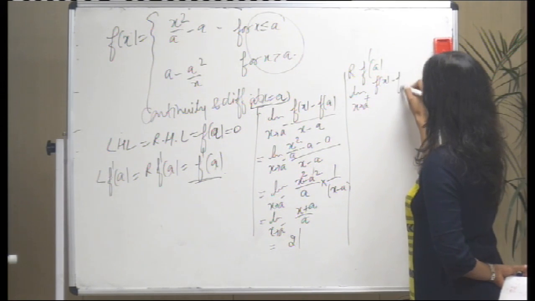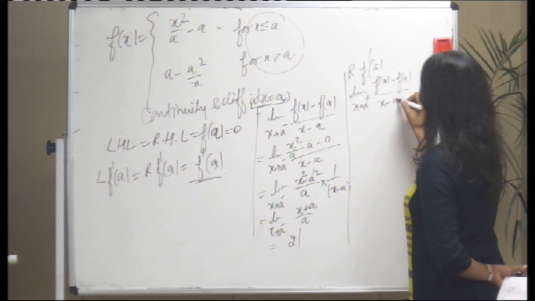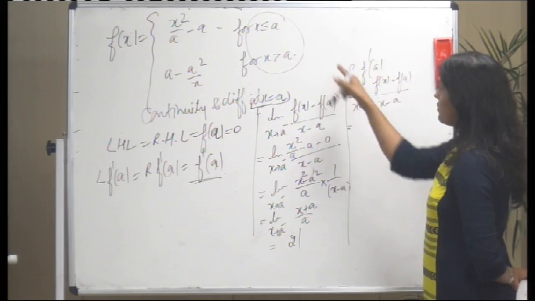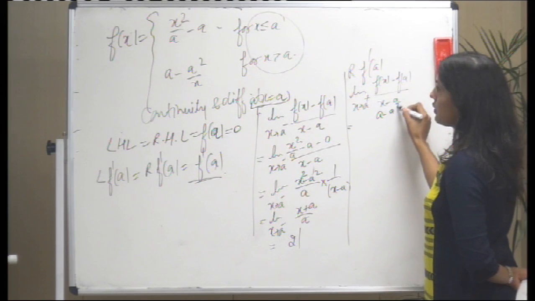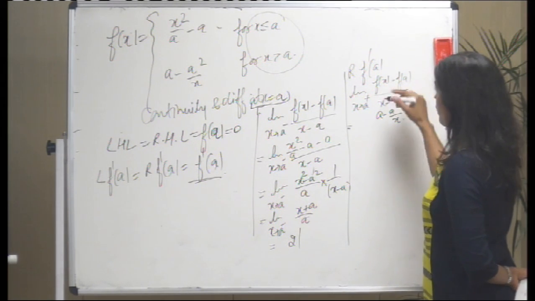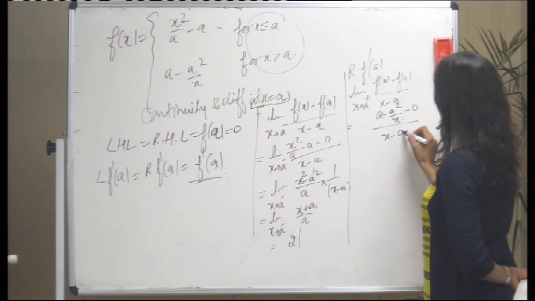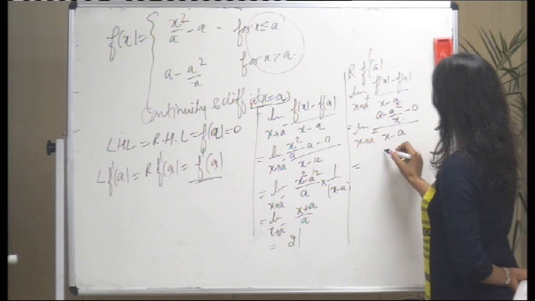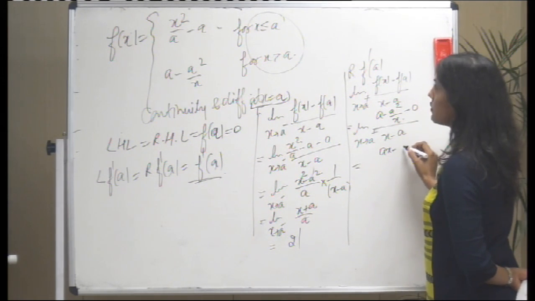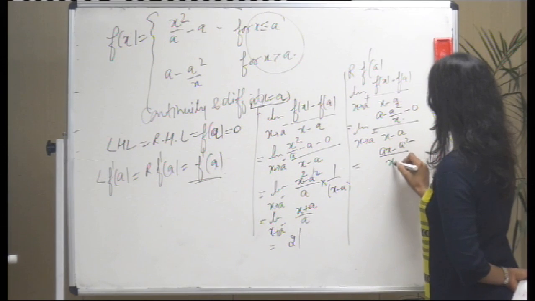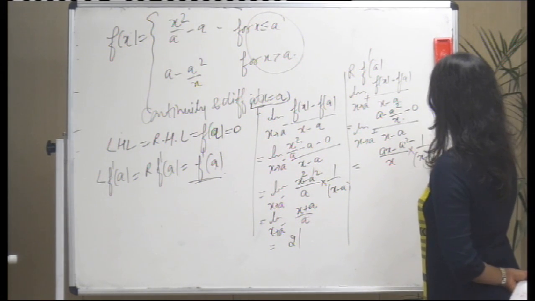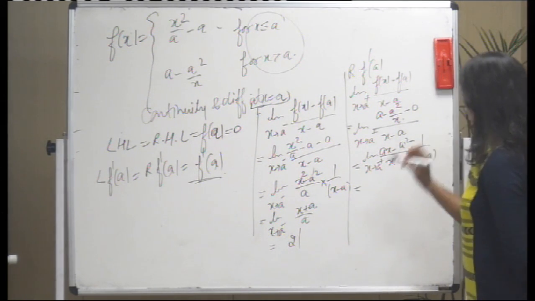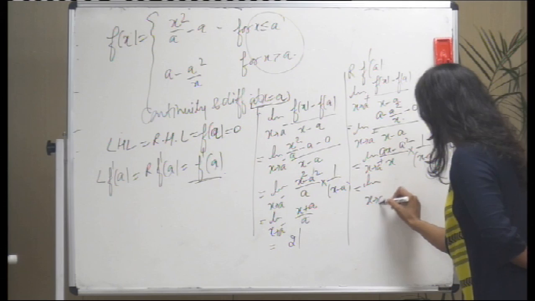Okay, so the left derivative is this, and the right derivative will be the limit as x extends to a plus of (f(x) minus f(a)) upon (x minus a). Now tell me f(x) for values greater than a: this is ax minus a square upon x, f(a) is 0, upon x minus a. This value will be what? So this is (ax minus a square) upon x into 1 upon x minus a, limit extending to a plus. Are you getting some problem here? Something is wrong?